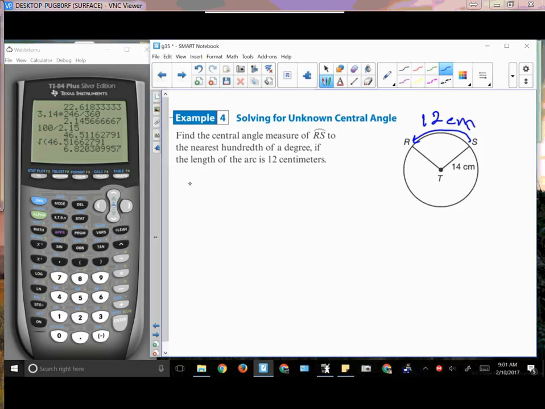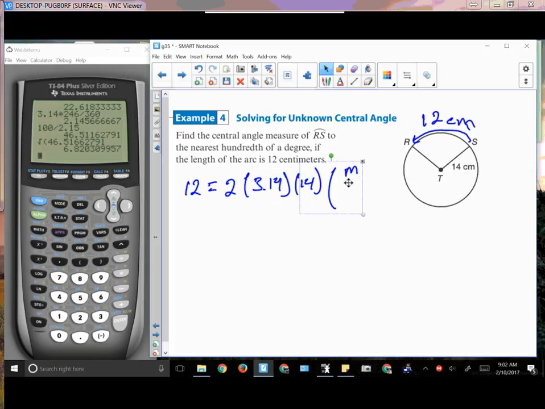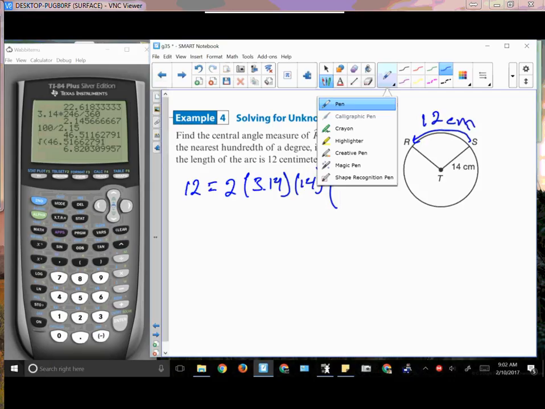So that's going to be 12 is going to be equal to 2 pi, 3.14, multiplied by the radius, which is 14, multiplied by the angle, which is what we're looking for, that's the m, divided by 360 degrees.